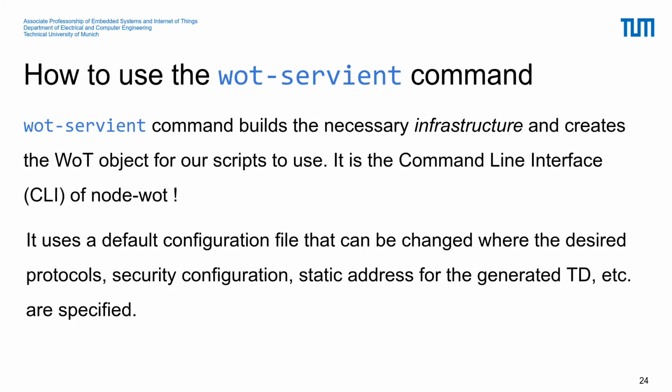It uses a default configuration file that can be changed to specify the security configuration, protocols, static address for the generated TD, etc. And you should have noticed in the previous code examples, there was no protocol related code. It all goes through this abstraction layer. And the protocol that you actually want must then be specified in the configuration file.